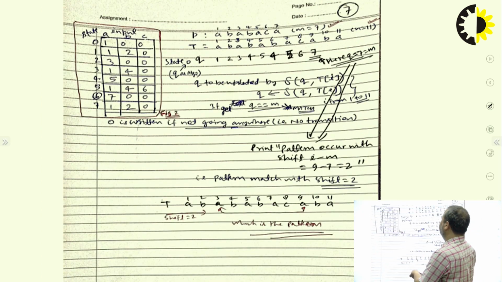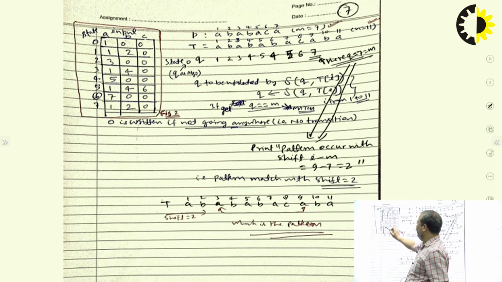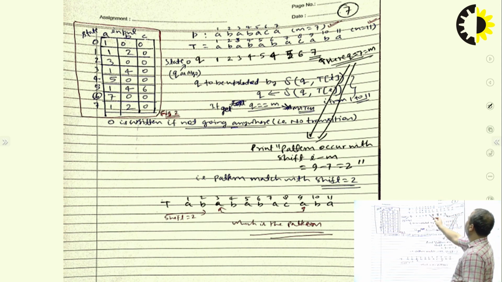When we reach the final state, we stop. By this way we can find the match. At this point q equals 7 equals m, so we can print that the pattern occurs with shift i minus m.